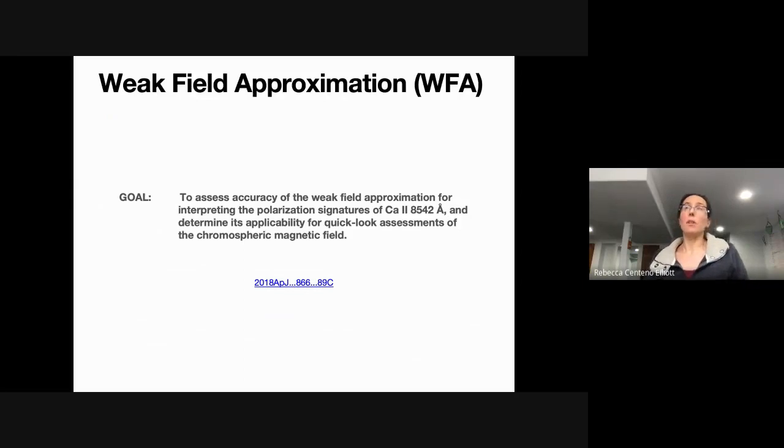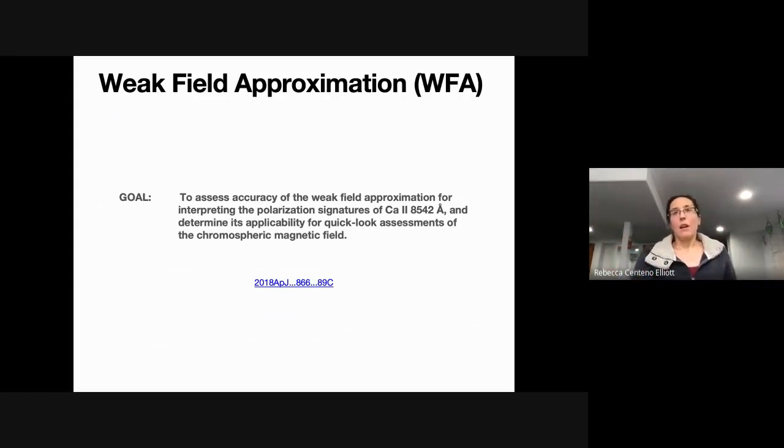In practical terms, what it means is that the magnetic field needs to be in a range of strengths where the Zeeman splitting that it causes is not noticeable within the width of the spectral line. If you were to look at an intensity spectrum, you would not see the splitting.